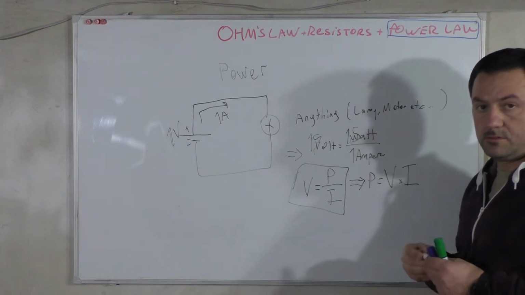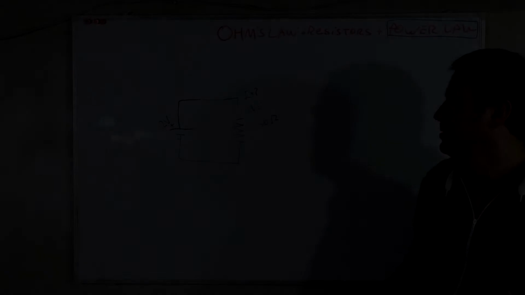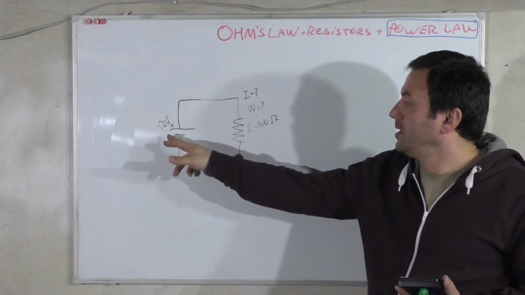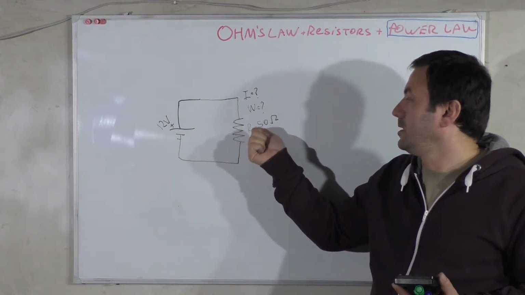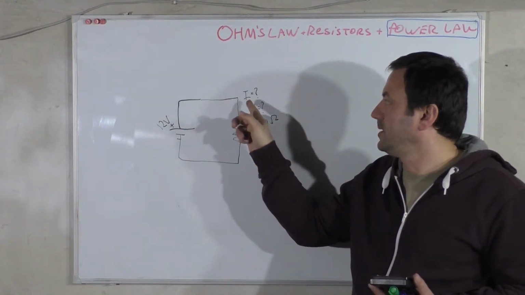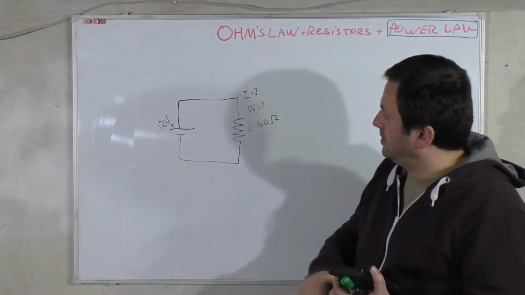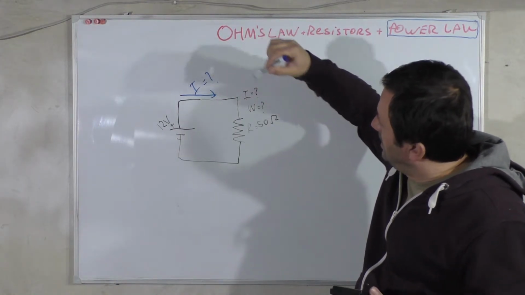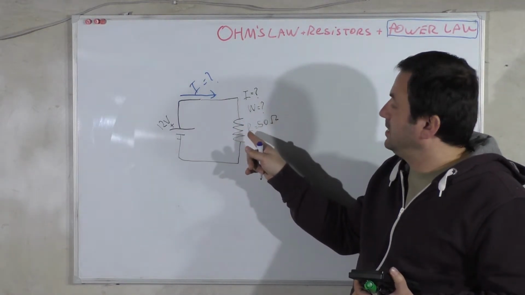Now I will do 2 examples. I'm deleting the blank. So we have a simple question here. 12 volt connected to a 50 ohm resistor, and it asks what is the ampere passing through that circuit and resistor, and what is the power consumption of that resistor.